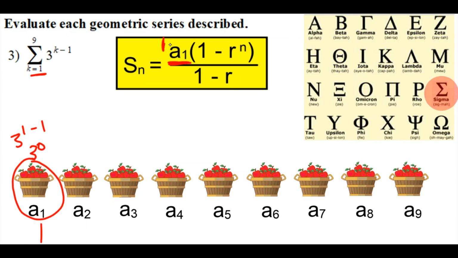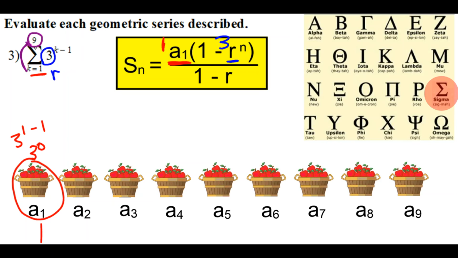And then R is kind of tricky, I suppose. The R value is just going to be whatever this base is on the exponent. So in this problem, R is 3. And then N, it's not as simple as saying it's this number right here, but it has a very big part.